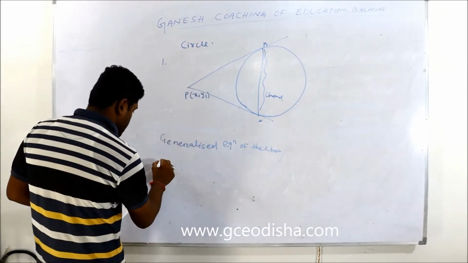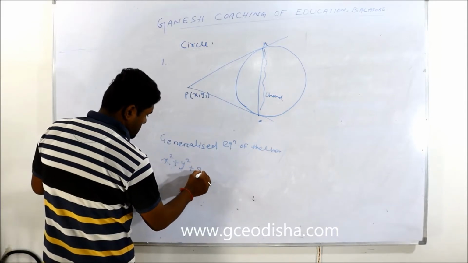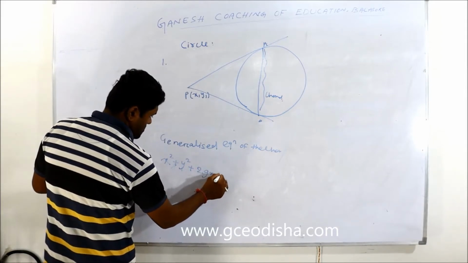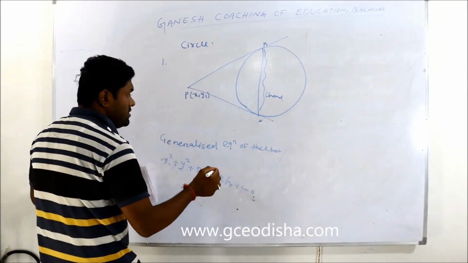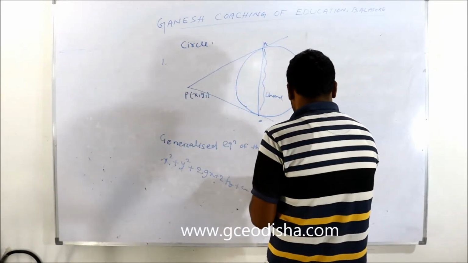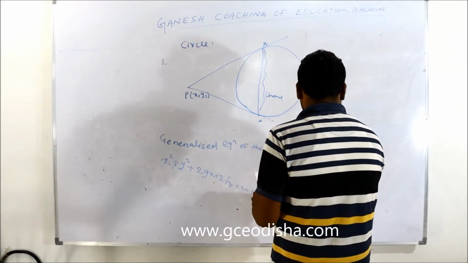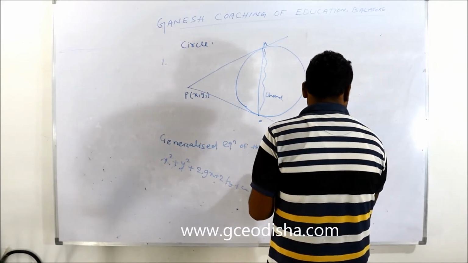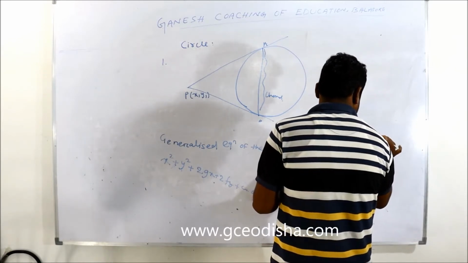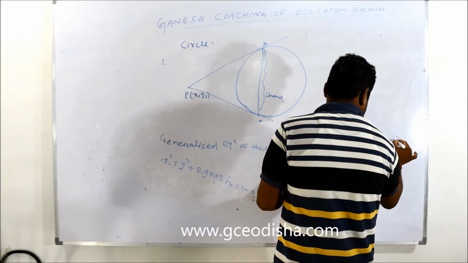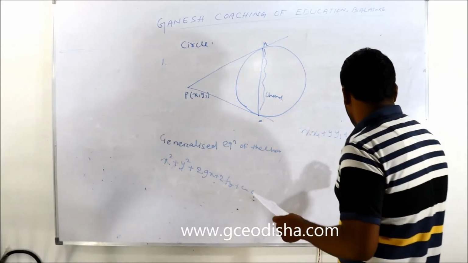When the equation of the circle is equal to 0, then the equation of the chord became this. Okay.